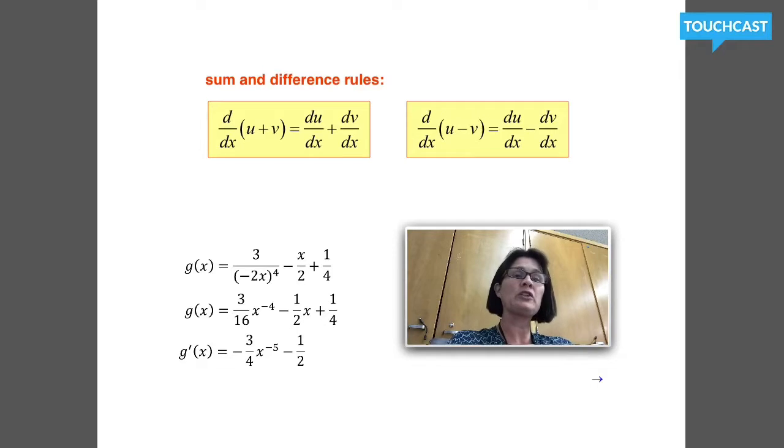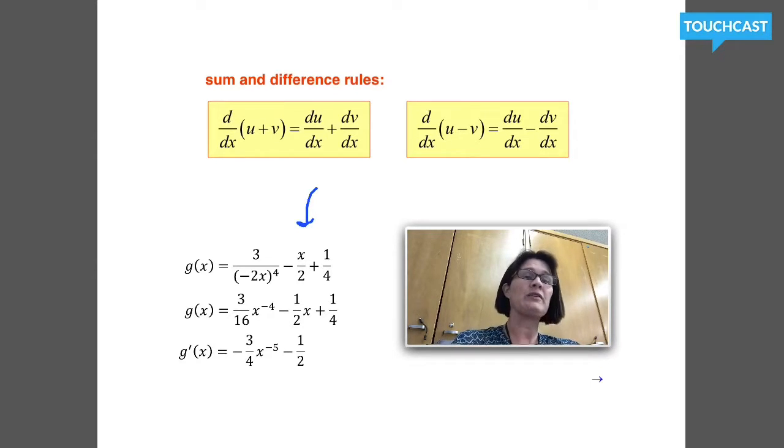So I've rewritten my function as 3/16 x to the negative fourth minus 1/2 times x plus 1/4. This is a pretty common notation. They like to use it on the AP test. It's important to be able to translate back and forth between thinking of x over 2 as division, and thinking of it as multiplication, negative 1/2 times x.